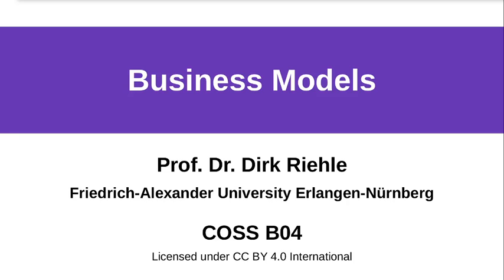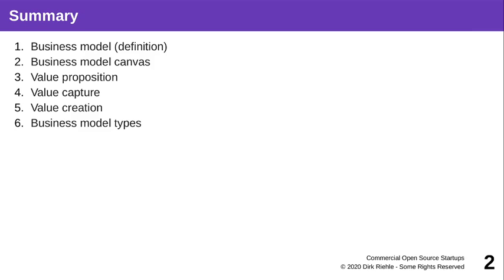Now we will look at the underlying business models of such software vendors, from which usually software startups are culled. I say business models here, but what it really will be about is a discussion of the business model canvas and hence the different components of a business model.